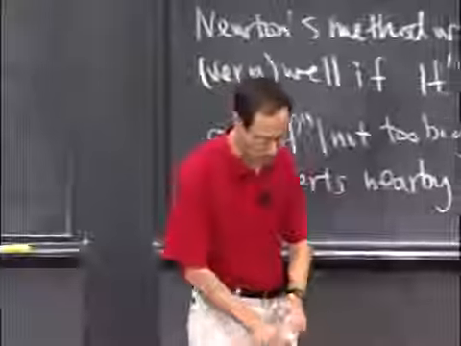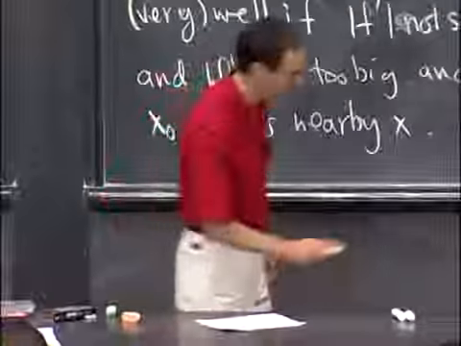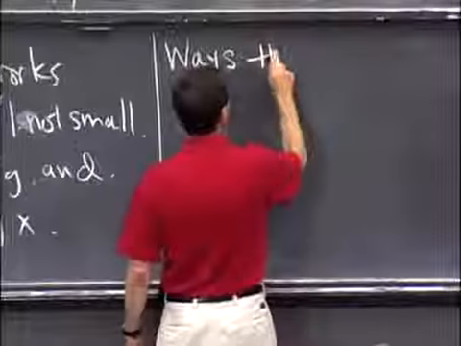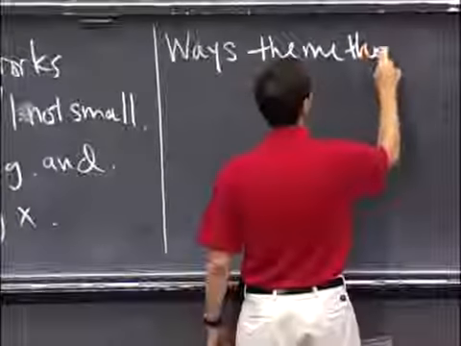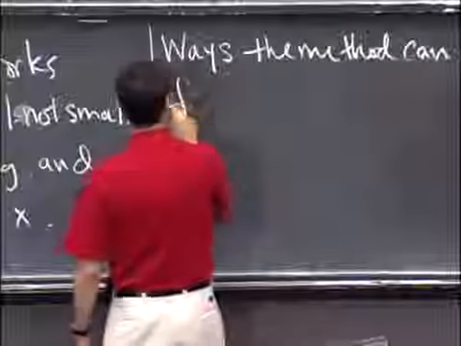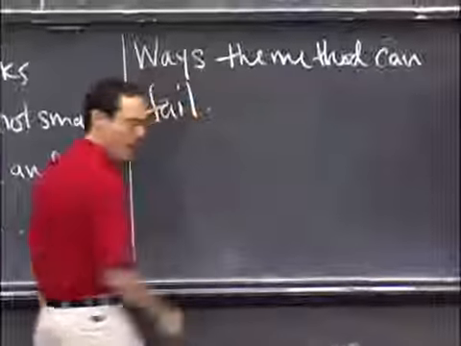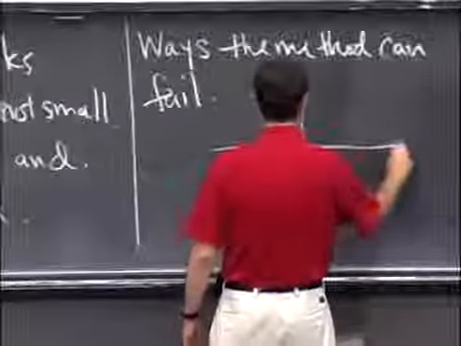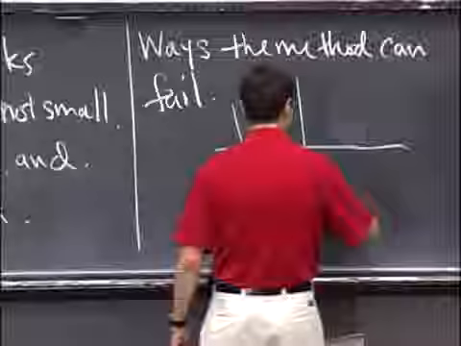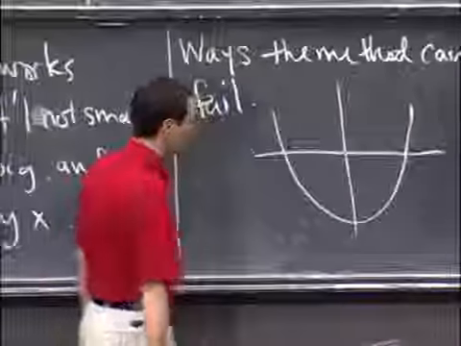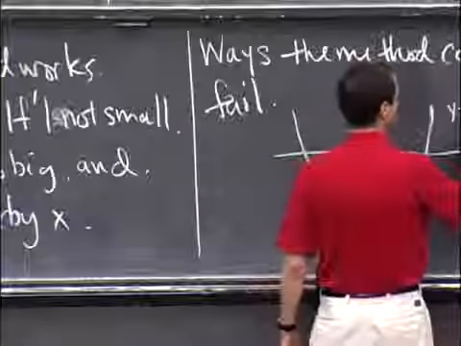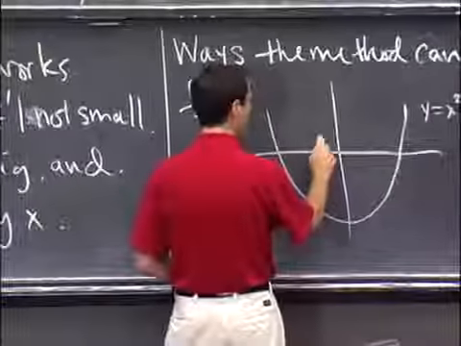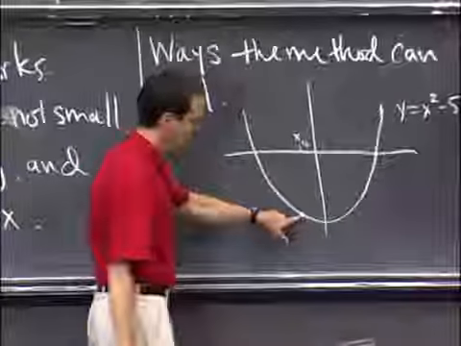So I'll explain that by explaining what maybe could go wrong. So there are the ways the method can fail. And one example, which actually would have happened in our example from last time, which was y equals x squared minus 5, is suppose we'd started x0 over here. Okay?